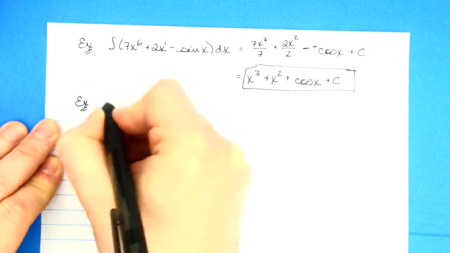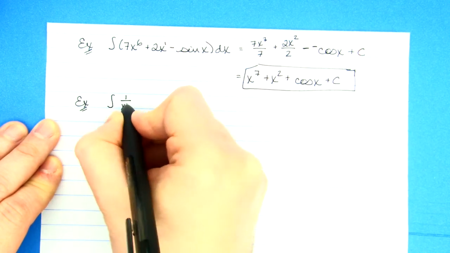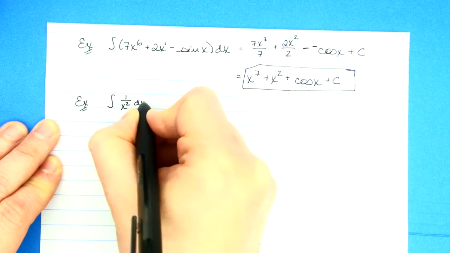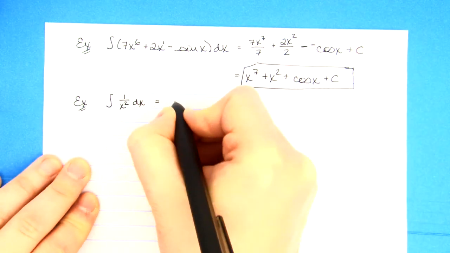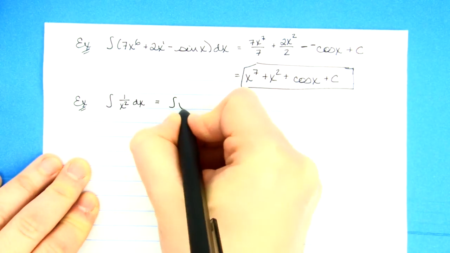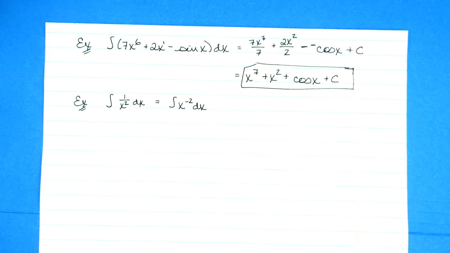Next, let's say we want to do the integral of 1 over x squared dx. Any idea how we can rewrite this problem so we can use our power rule? Basically the same tricks as our derivatives. I can rewrite this as the integral of x to the negative 2 dx.